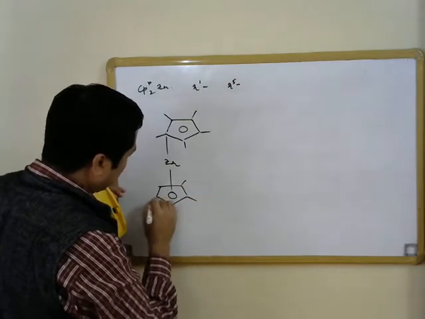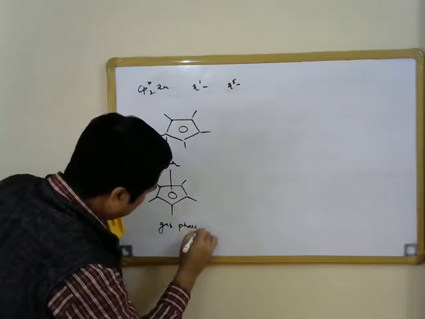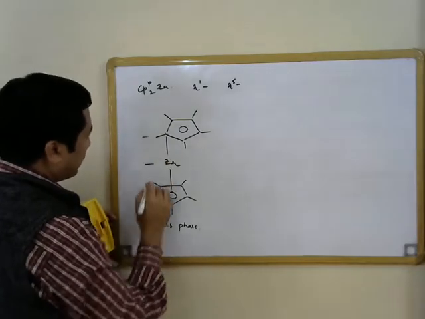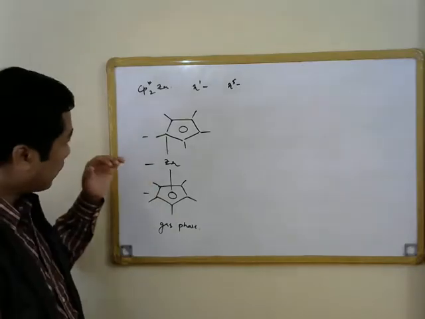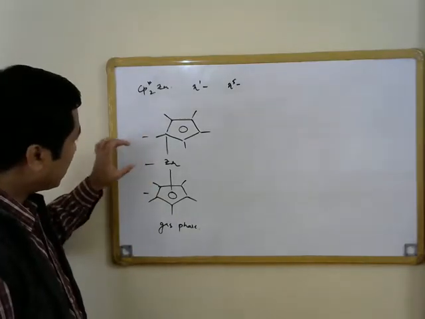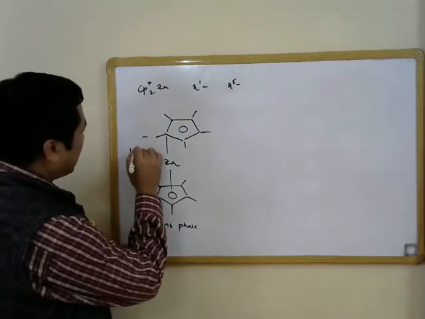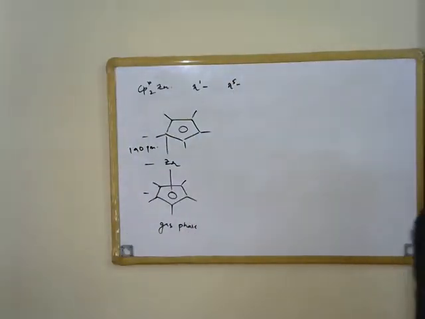Which is Cp star. So this is how the structure is in the gas phase, and if you want to look at the bond distances, the distance from the metal center to the basal plane of these Cp ligands, this particular bond distance is quite longer.